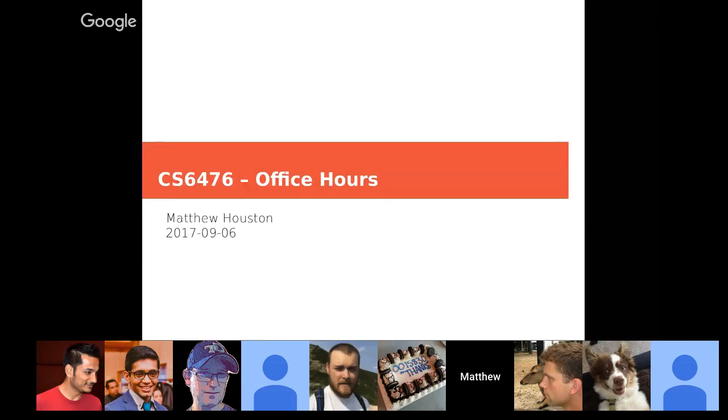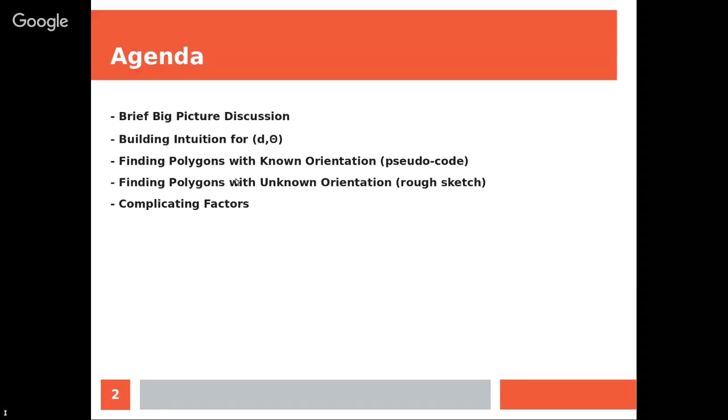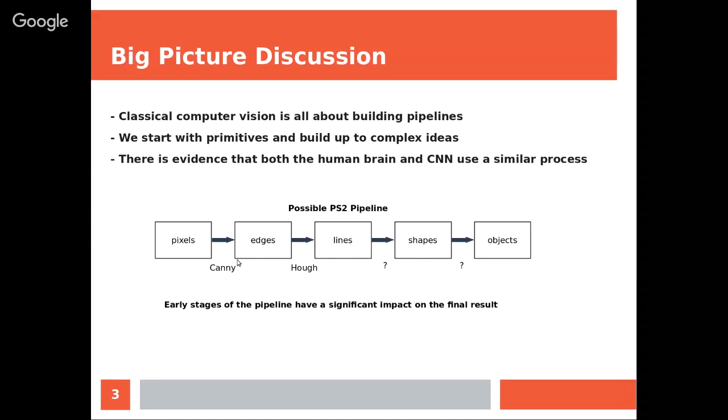If I share my screen again, and go to this first slide where we're talking about the pipeline, the Hough transform lives at a very low level, going from edges to lines. And we thought it would be more fun this semester to let you work at the upper reaches of this pipeline.